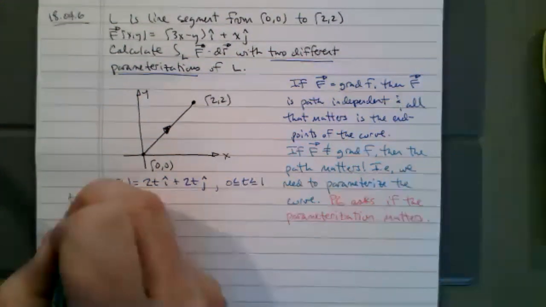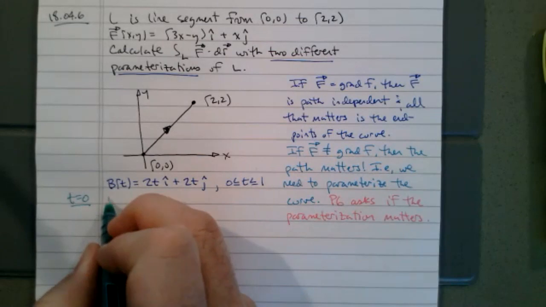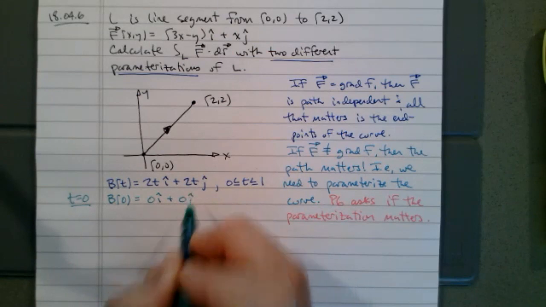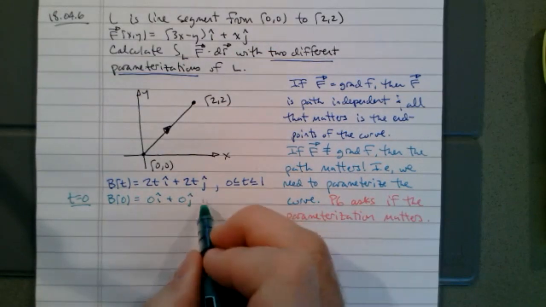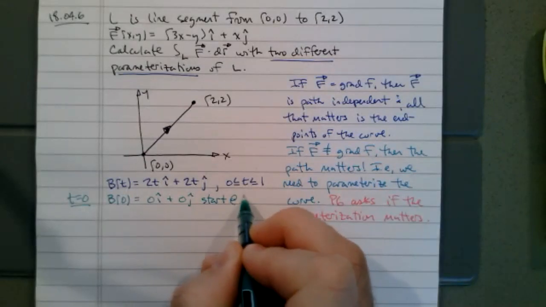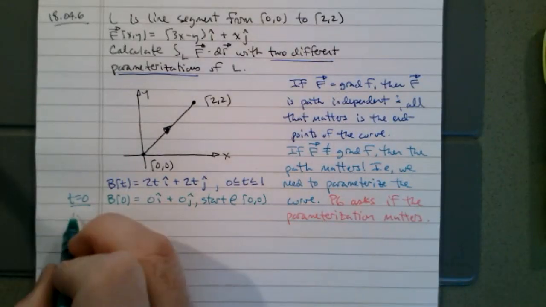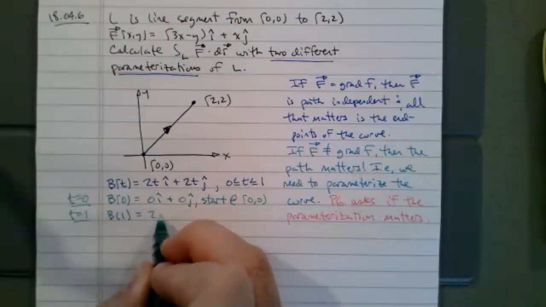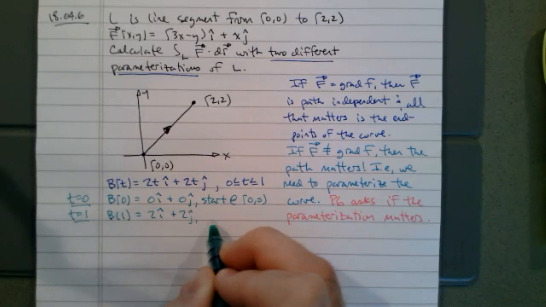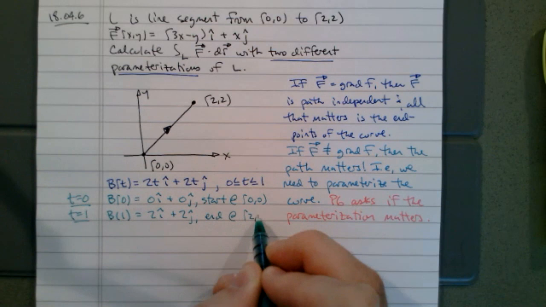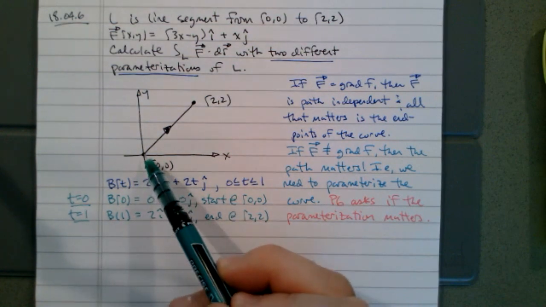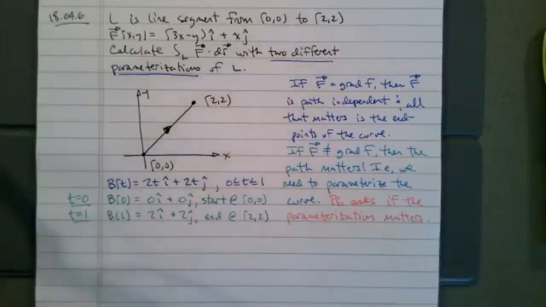If t is equal to 0, then b(0) is 0i + 0j, so we're starting at the right place. And when t is equal to 1, b(1) is 2i + 2j, so we end at (2, 2). That's as advertised. We start at (0, 0), watch t increase from 0 to 1, and end up at (2, 2).